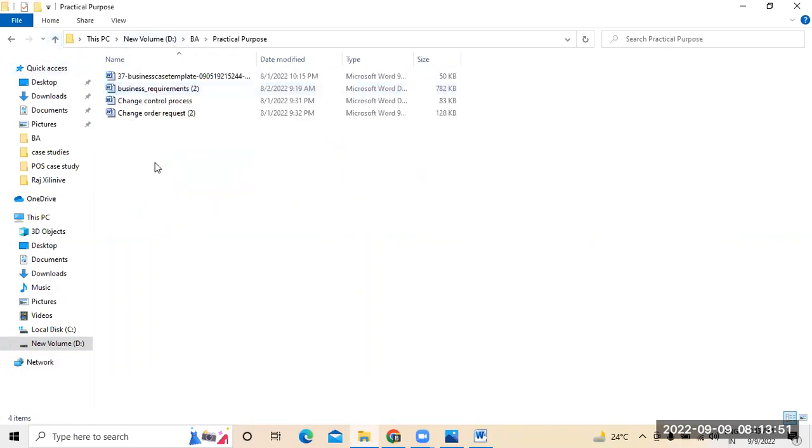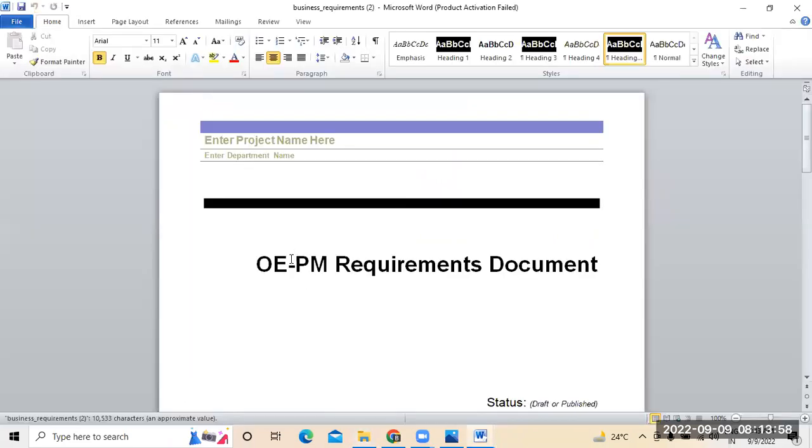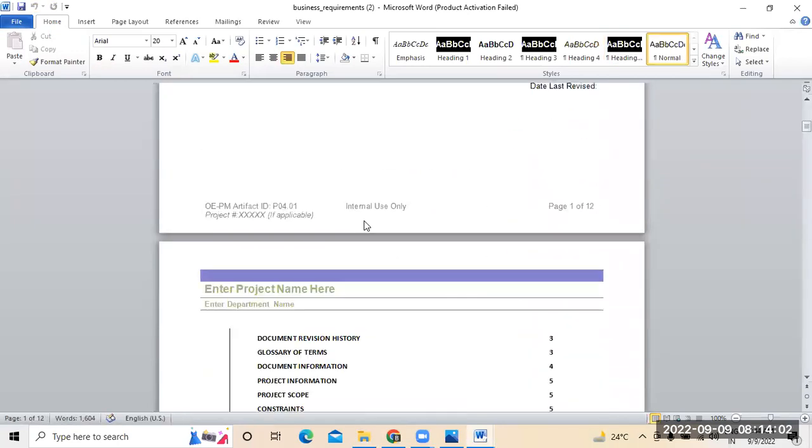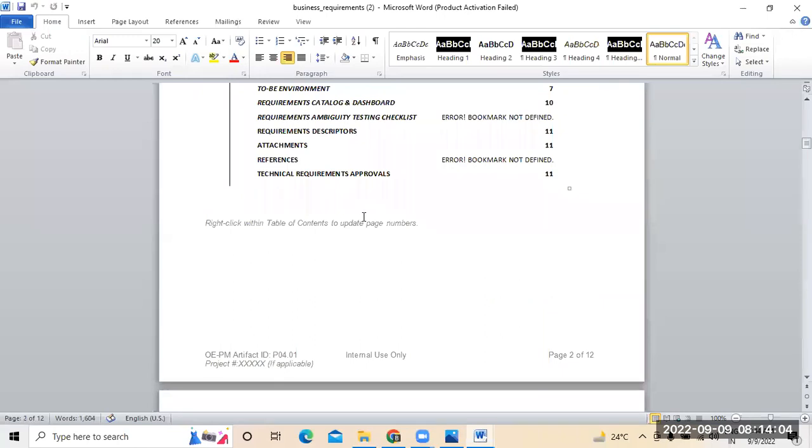I'll show you. Yeah, something like this, a business requirements document. This is how a business requirements document generally looks. This is one of the templates. There may be other templates too, and not everybody follows a single template; there will be multiple templates.